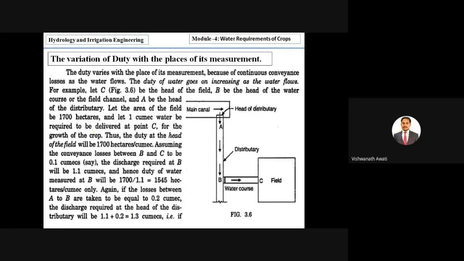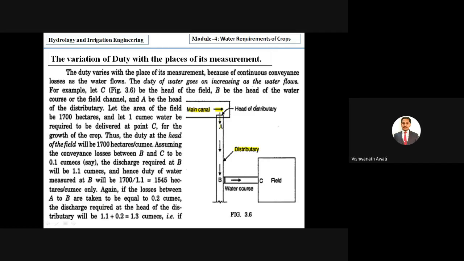Then we'll go for the next topic, the variation of duty with the place of its measurement. Here, if I take an example, in the diagram they have given the main canal, right? Then after the head works, this is a distribution canal. You can see the arrows, it is a main canal, then it is diverted to distributary canals.